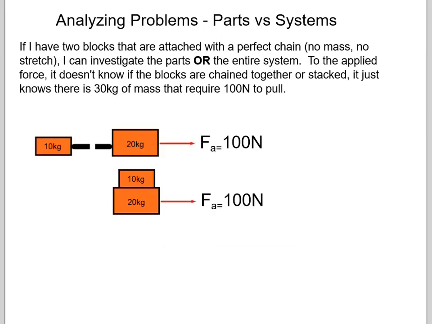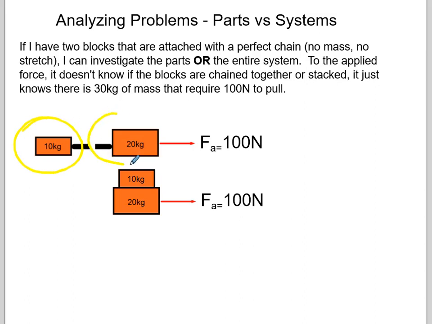Okay, and this is a concept: analyzing problems as parts versus systems. We're going to do more of this in the next 2 lessons, but just to get your mind thinking about it, if you have 2 blocks that are attached with a perfect chain, so no mass, no stretch, we could investigate some parts of the system or the entire system. So if we were to look at this in terms of its parts, we could investigate just the forces acting on the 10 kilogram.